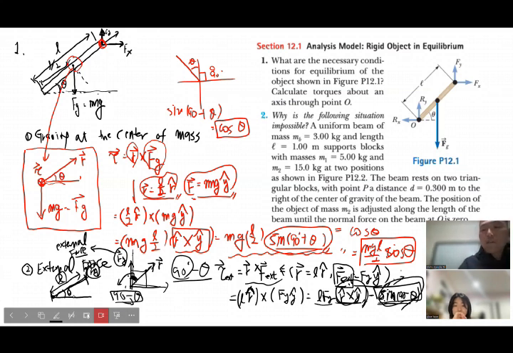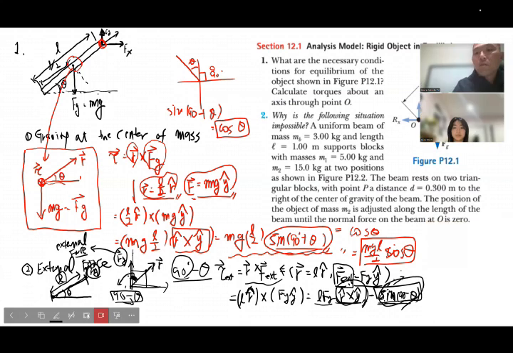So that is 90 degrees inside of the sine function. As I said, the sine function can be converted to the cosine function, and the cosine function can be converted to the sine function. So that is L Fy cosine theta.